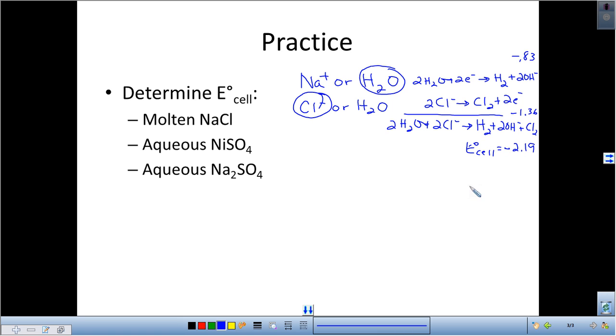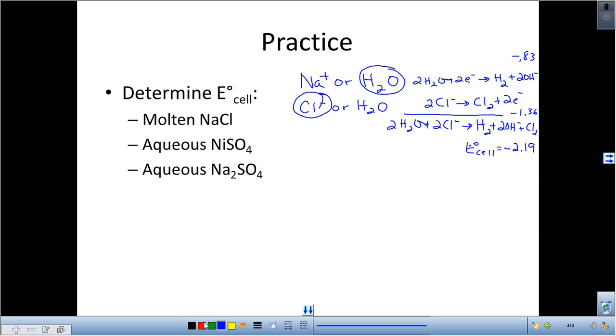Is this a spontaneous reaction? The answer is no. Because E is negative, delta G would be positive, and that's the sign of a non-spontaneous reaction. All right, let's move to the next one. We have nickel and we have sulfate.